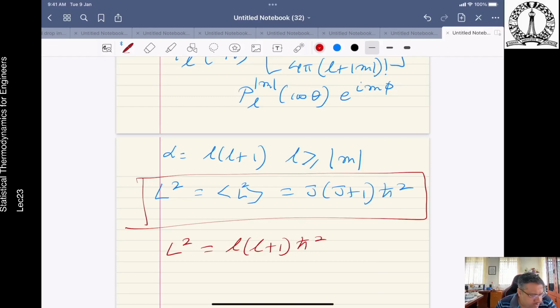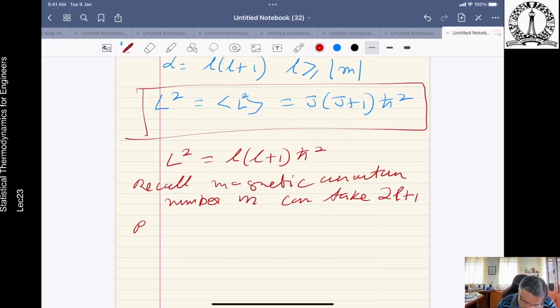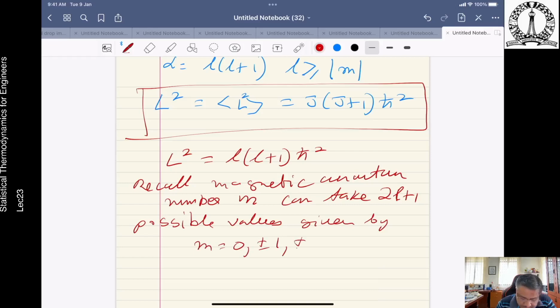And we recall that the magnetic quantum number m can take 2L plus 1 possible values, given by m equal to 0, plus minus 1, plus minus 2, continued up to plus minus L. So this was, if you recall, also done earlier.